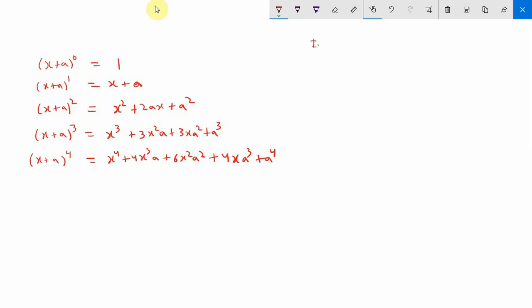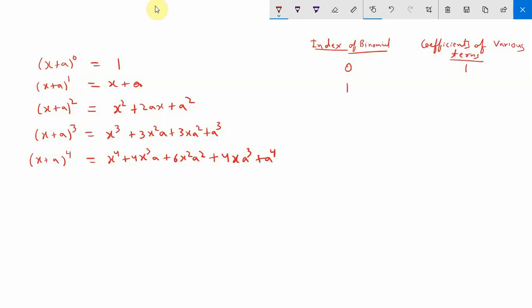Now we can see here the index of binomial and coefficients of various terms. So we can write for index 0, it is 1.